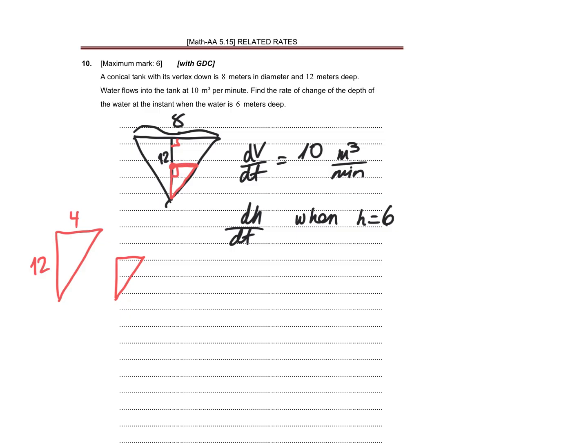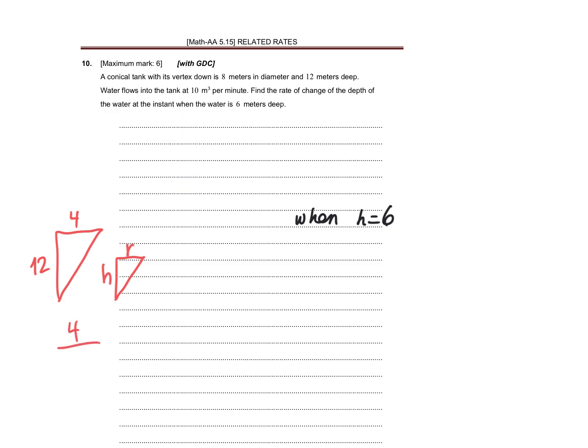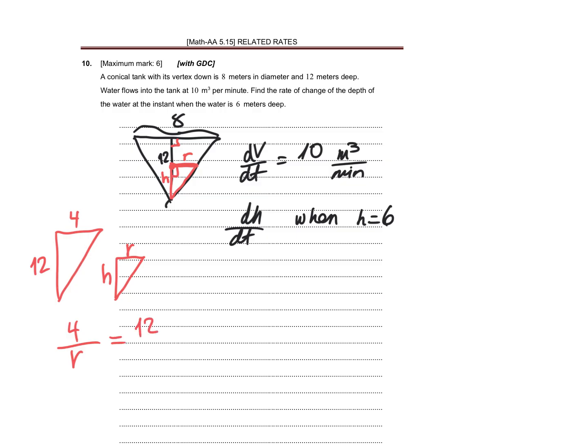You know, this radius here is getting smaller and this height here is getting smaller. So if we set up a proportion, 4 is to r is 12 is to h, we've got 4h is 12r, and I'll just solve for h just because it gives not a fraction. Okay, so h is 3r.